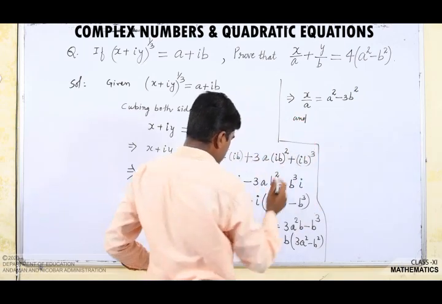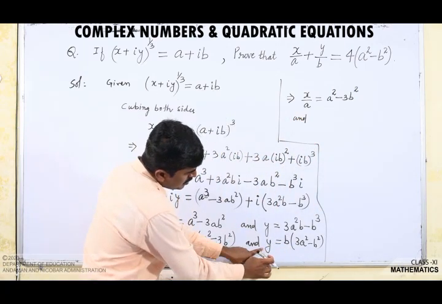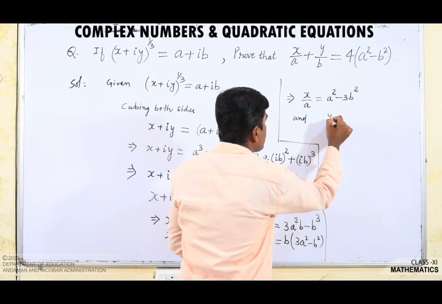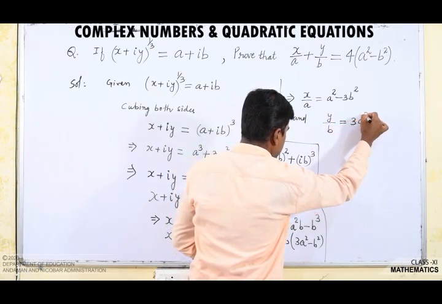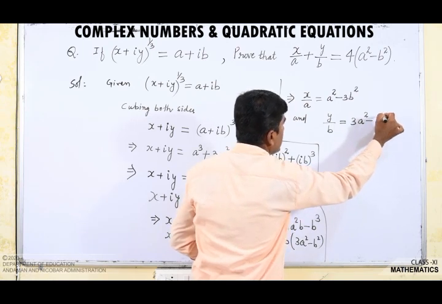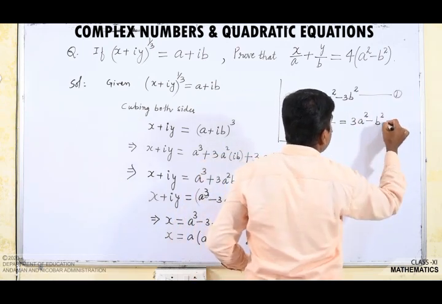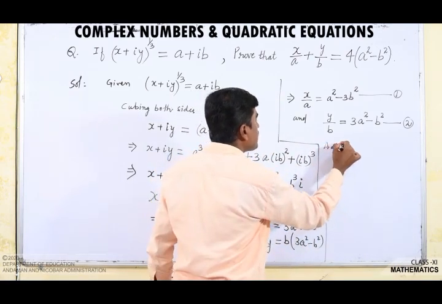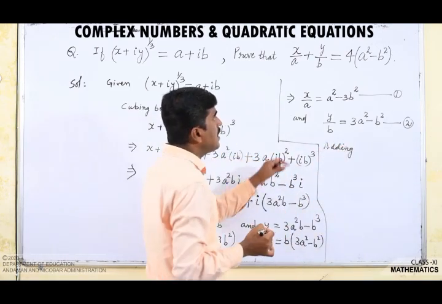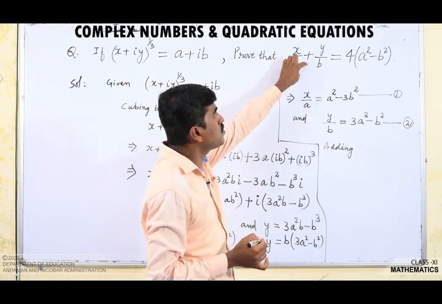And taking b in the denominator of y, y by b is equal to 3a square minus b square. So this is equation number 1 and this is equation number 2. Now adding, we just see the LHS of this expression, that is x by a plus y by b.